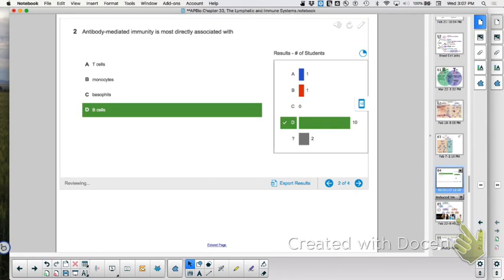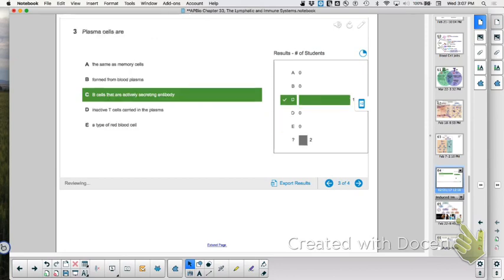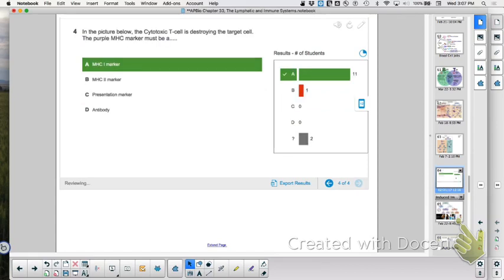Somebody said monocytes. Do monocytes do anything with antibodies? No. What are monocytes? They become macrophages. They get out and then they become really large macrophages out in the tissue. Yay! If it's killing it, it must be on an MHC1.